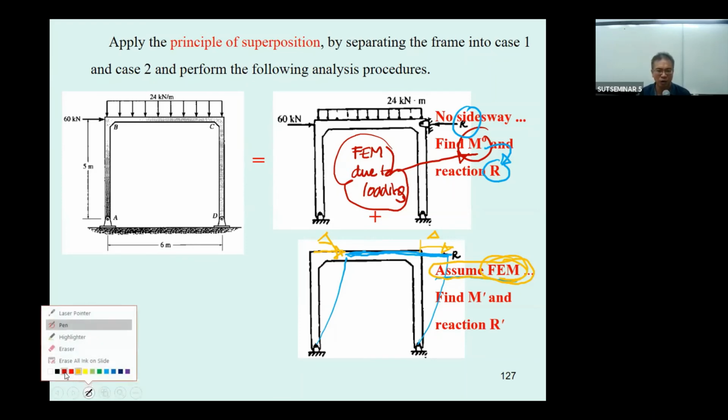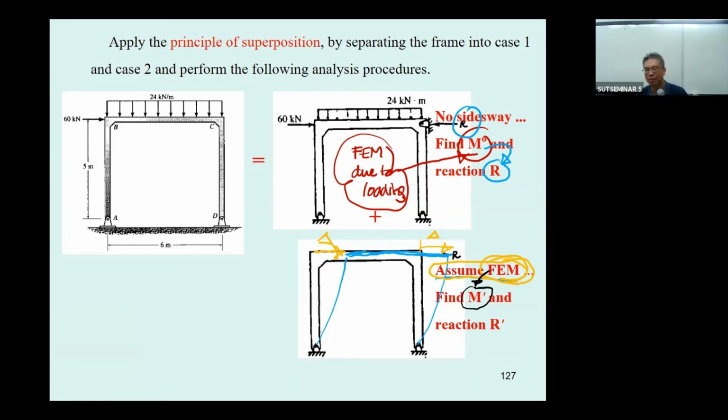And then you just plug this one back into the M prime, okay, and do moment distribution and determine the M prime. When you finish determining the M prime, you find the R prime. This R prime is not real because it's from the assumed fixed end moment.